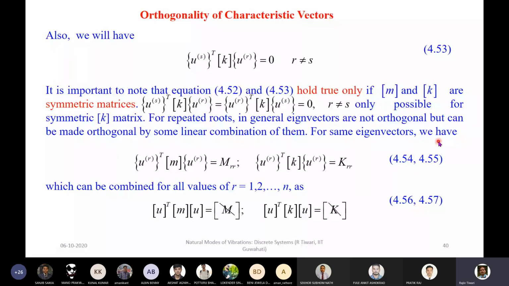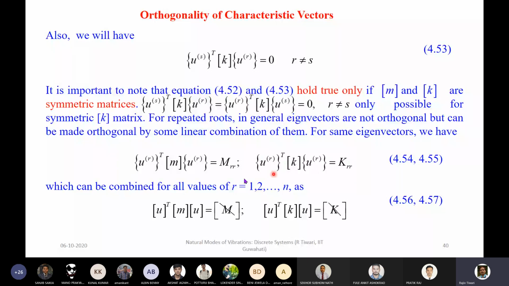As I mentioned, when we have the same eigenvector, we get some non-zero values. Let me represent that as M rr. Here the eigenvectors are not mass normalized, so we will not get 1, we'll get some value. Similarly for stiffness, if we take the same rth eigenvector on either side, we get some value, that is K rr.